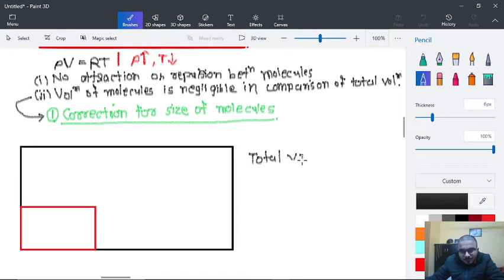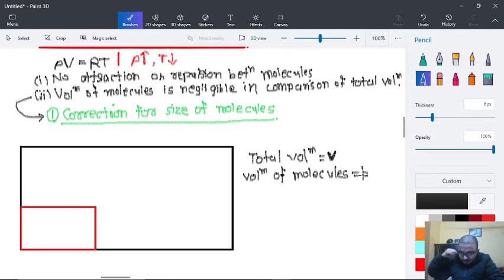Total volume is equal to V, and second is volume of molecules, let's say equal to b.